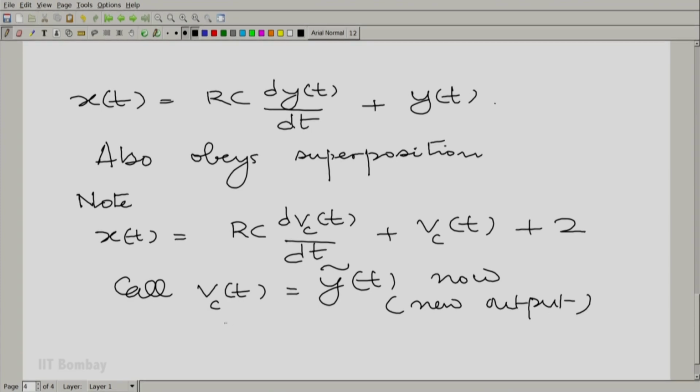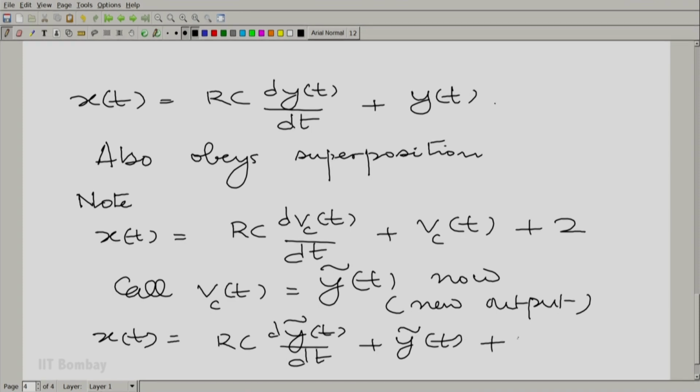You have the equation x(t) is RC dy tilde(t)/dt plus y tilde(t) plus 2. And now you have trouble.